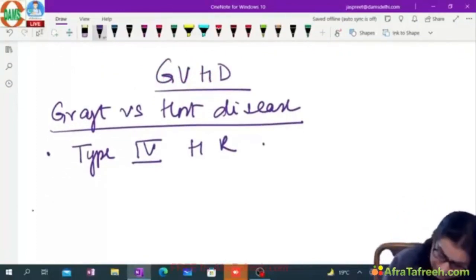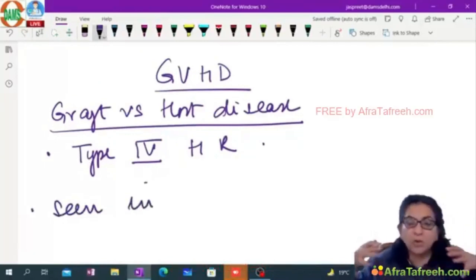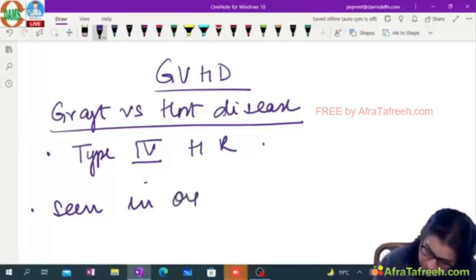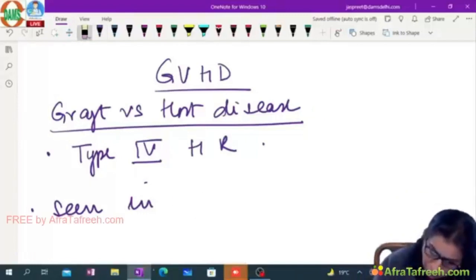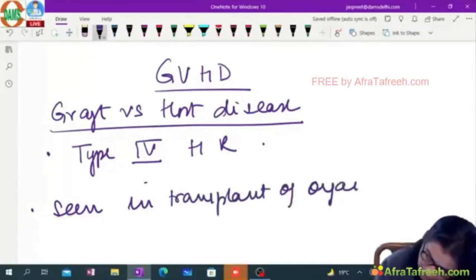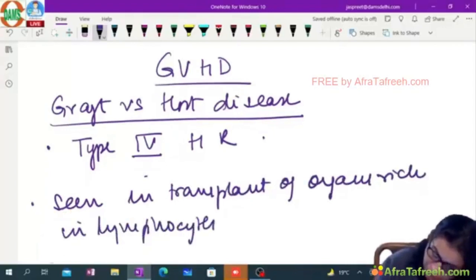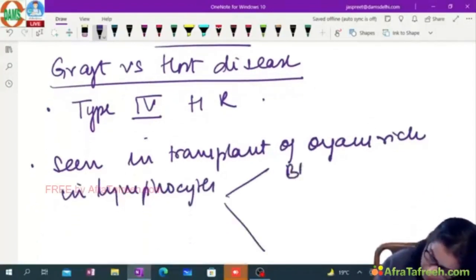Now GVHD is seen, number 1, in organs. If you transplant organs which are rich in lymphocytes, GVHD can occur. So this is seen when you transplant organs that are rich in lymphocytes, like bone marrow transplant.